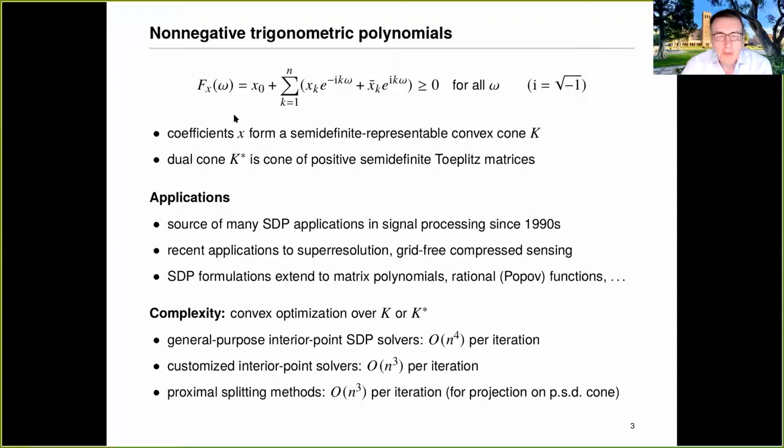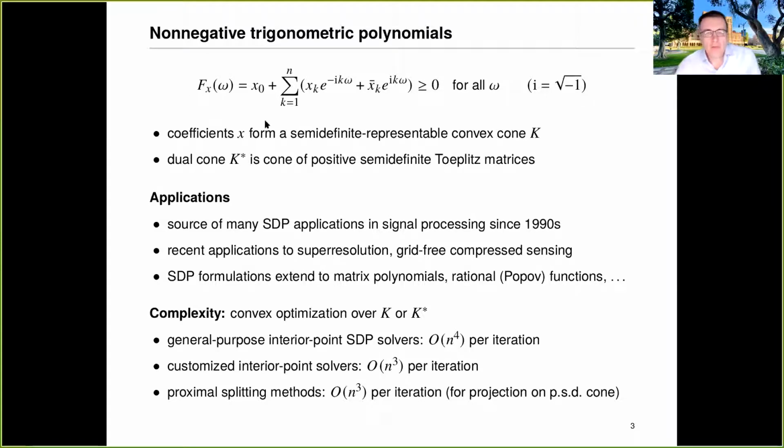And the simplest result of that type is the constraint that a trigonometric polynomial is non-negative. So here the xk's, x1 to xn would be complex numbers, x0 is real. And the constraint is that this trigonometric polynomial of degree n is non-negative for all omega.